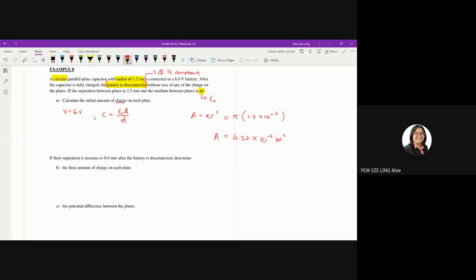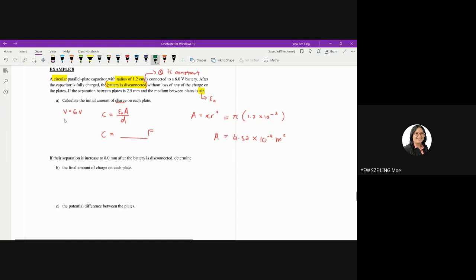Now that you have it, and you have the separation between the plates, and you know the permittivity is epsilon naught, plug everything into the equation and you should obtain C. This one you calculate; I don't have the value with me right now, so calculate the value in farads.